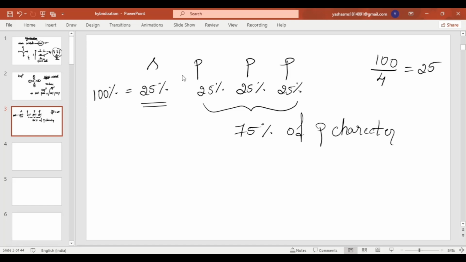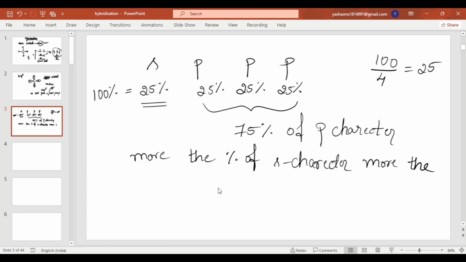Okay, now we'll see what is the use of this. I am telling 25% of s character is there. By this, what can we conclude? The more the percent of s character, the more the electronegativity.